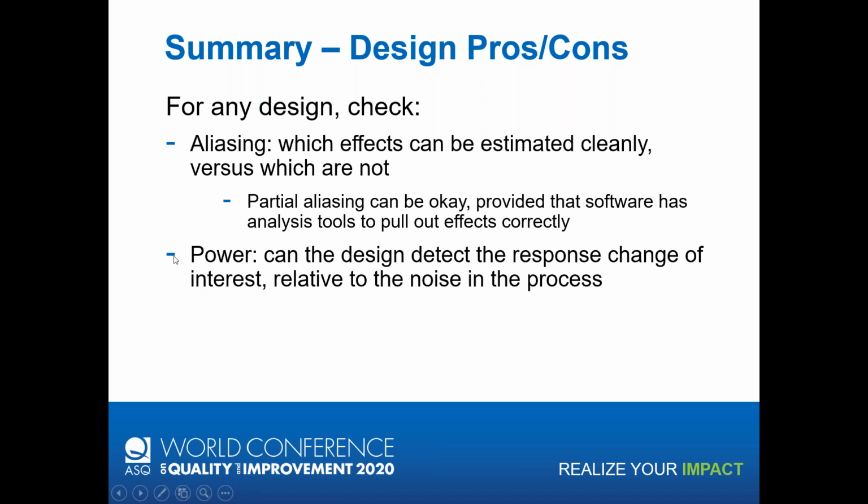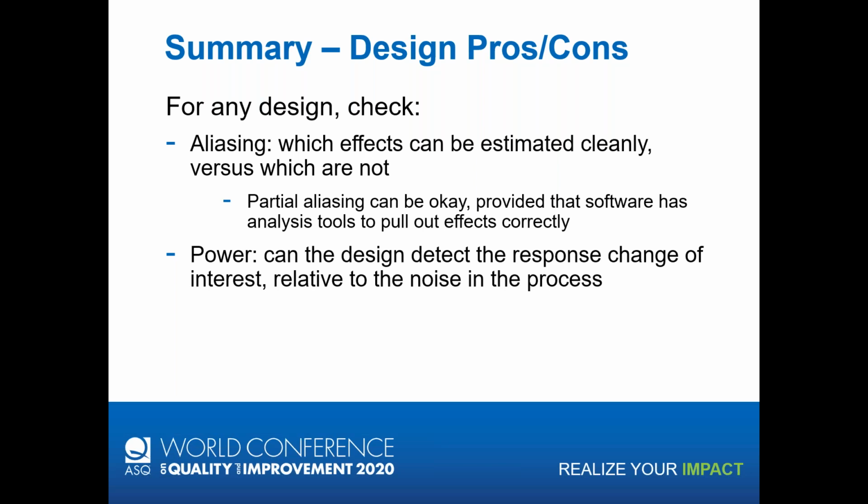And even for the goal of ruggedness testing, you want to check power. Can the design detect the response change of interest relative to the noise in the process? Even if your goal is to show that there's no effects, the design needs to have the power to detect the effect.